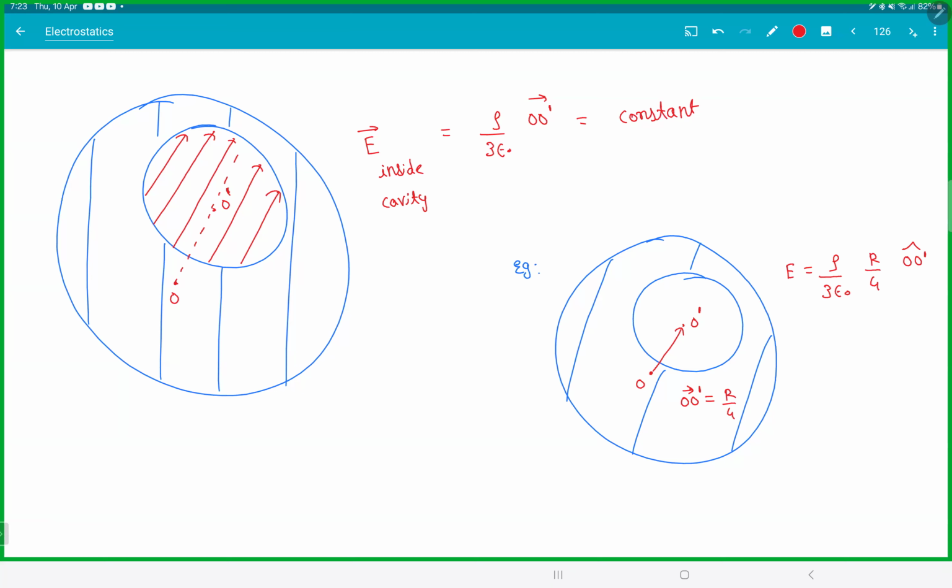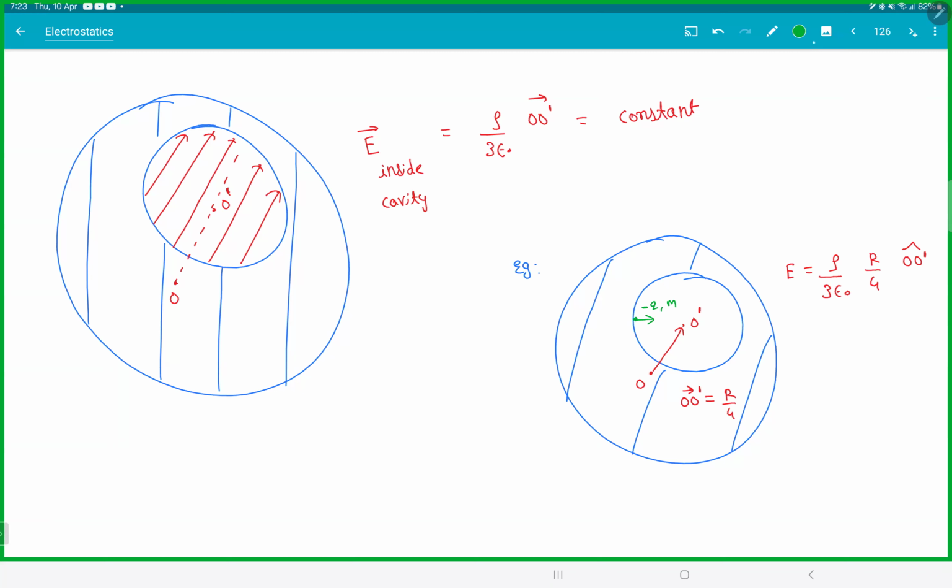Is this clear, everyone? So you know how they can ask you this in a multiple choice question? If a charged particle, minus q and mass m, is projected inside the cavity, what will be the trajectory of this particle? Circle, straight line, parabola, hyperbola. It will be a parabola.